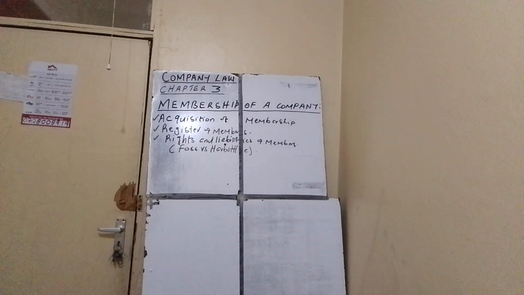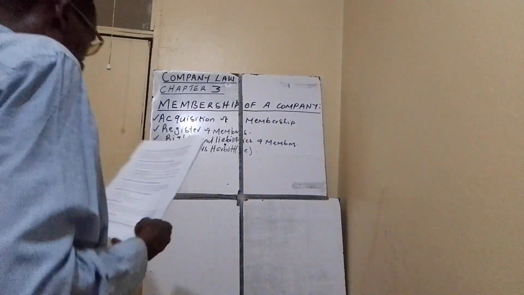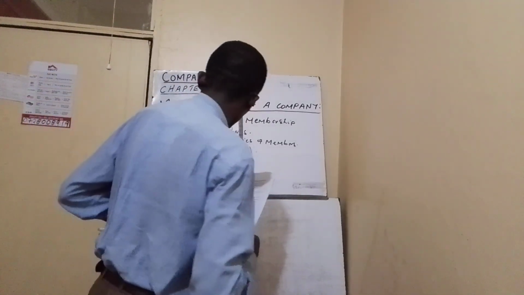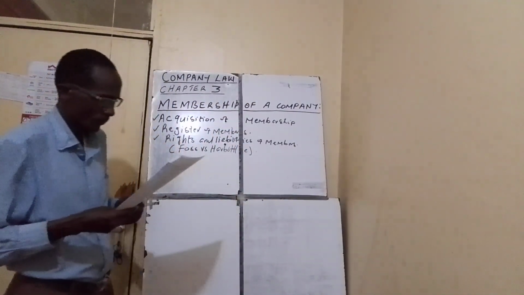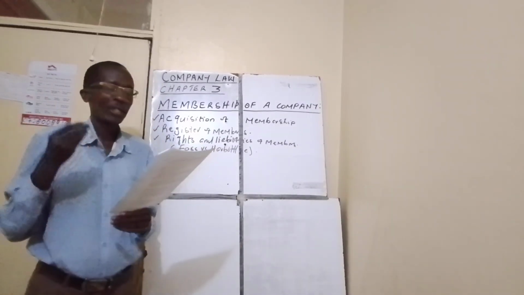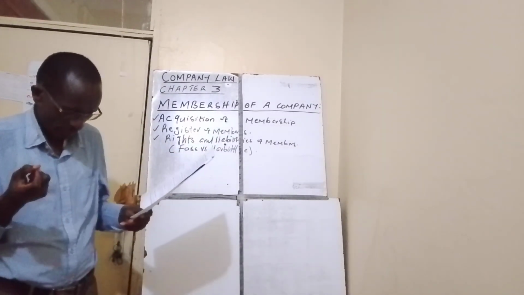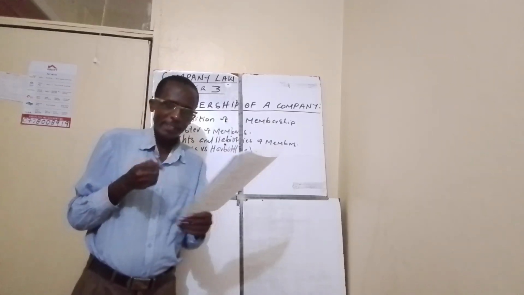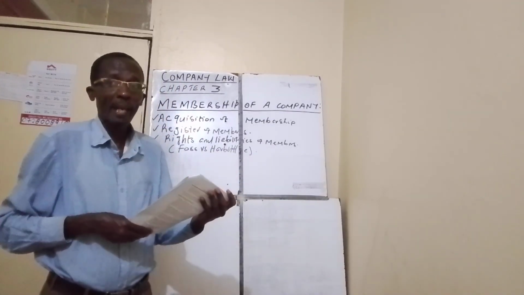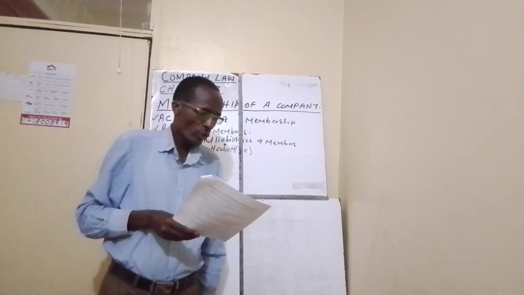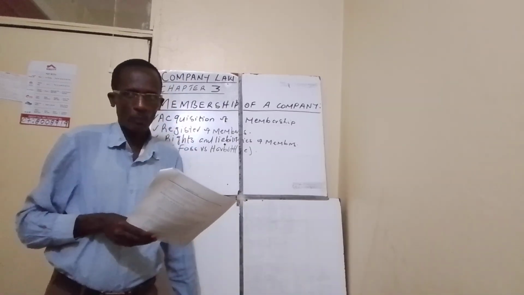Now, very fast, we move to the majority rule, or the rule in Foss versus Harbottle. It is also known as the majority rule. Remember that when it comes to decision making in companies, decisions are made through voting.